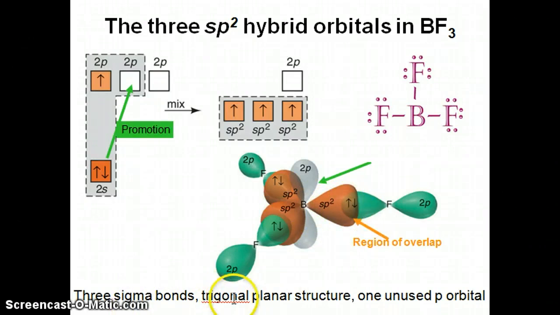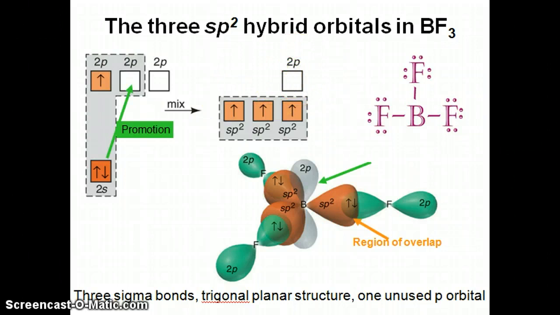And it's an overlap between the p orbital and the sp2 orbital, okay? And it's a trigonal planar structure. Now again, I want to point out this: in the promotion and mixing, we only use 2 of the 2p orbitals, and 1 of the p orbitals is not used, so that remains available later on to host additional electrons. And you'll see that when we have multiple bonds, that's where that extra electron is going to go.